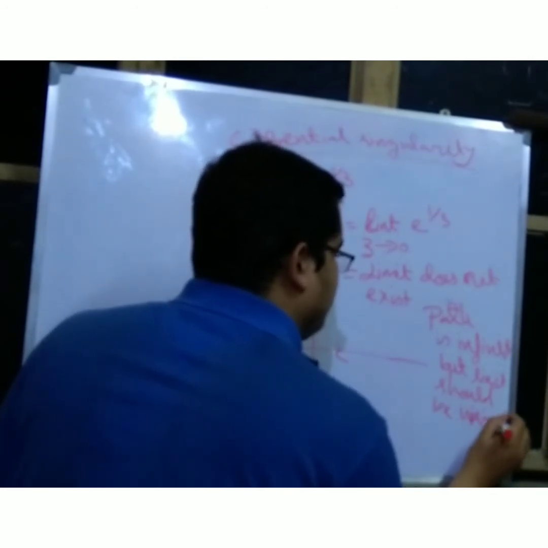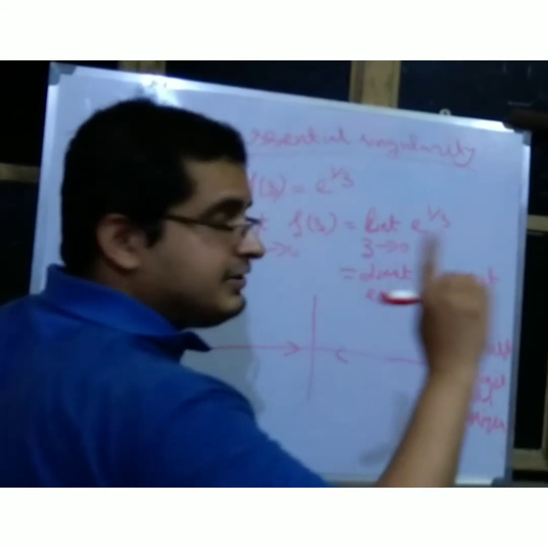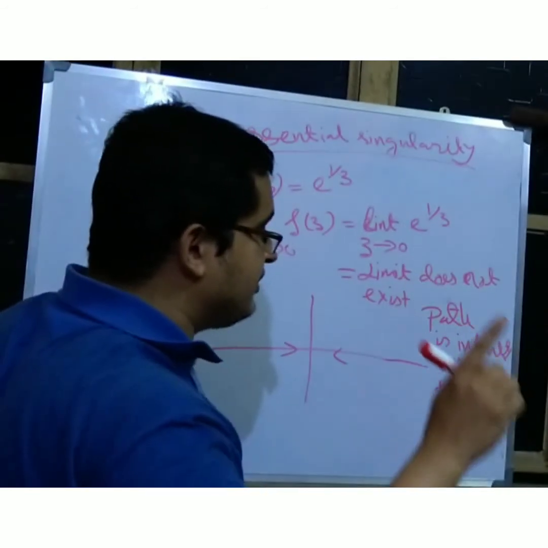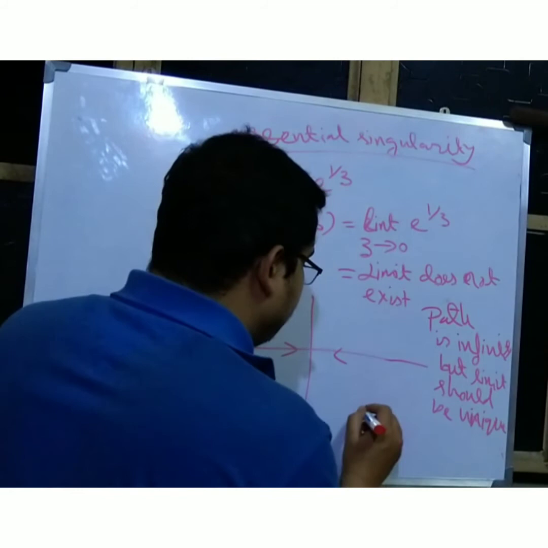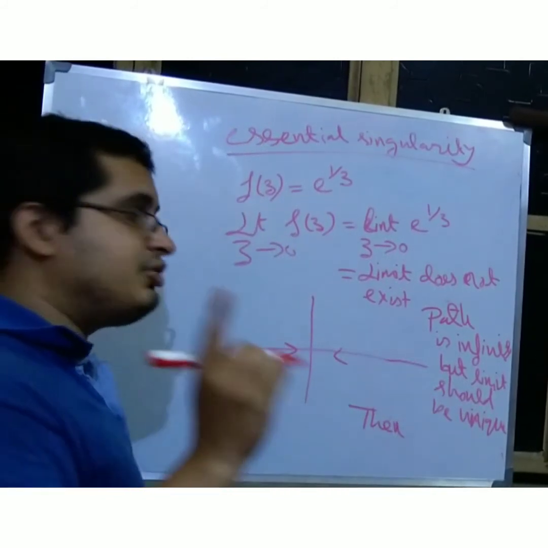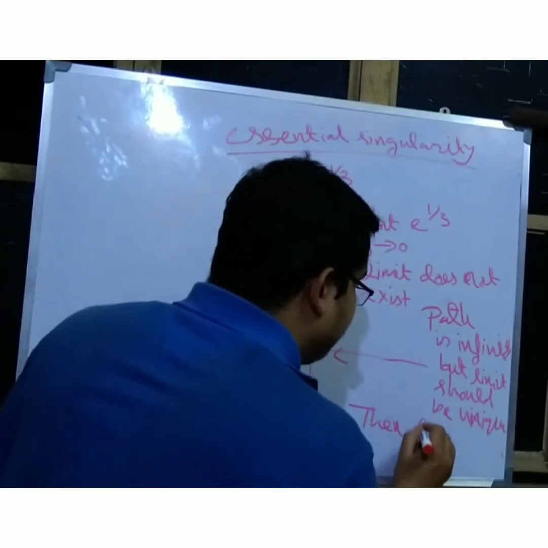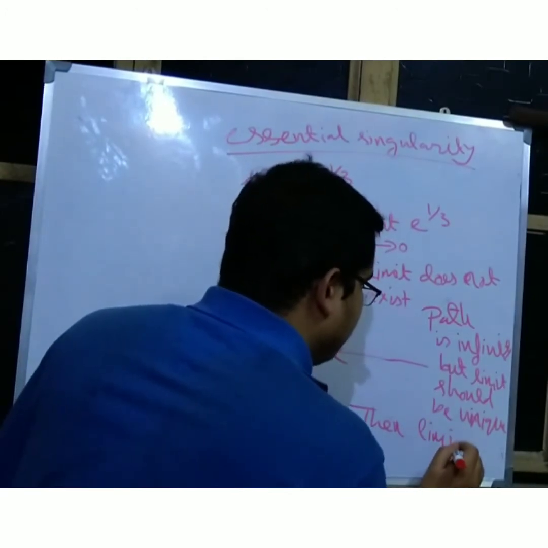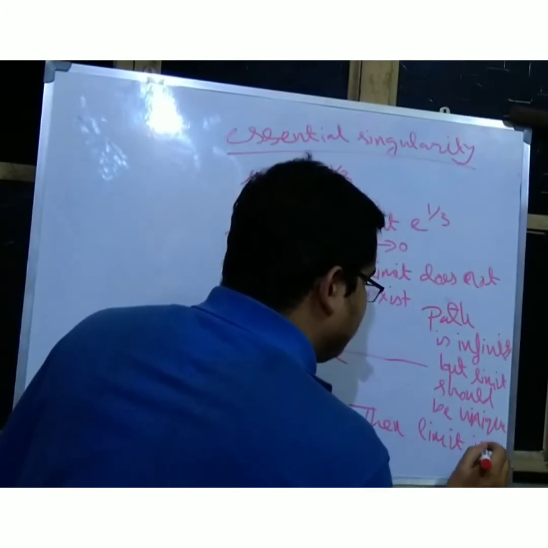If the path is any, but the limit is unique, then the limit exists.